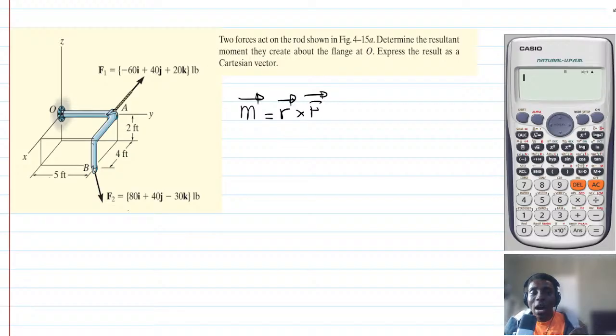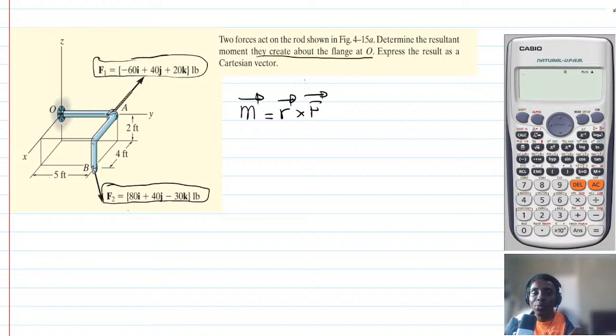So I have two forces, this force here and this force here. And you've been asked to find the moment that these forces create at O. So it's very simple.